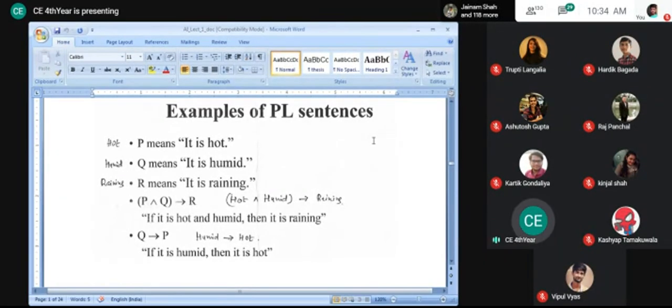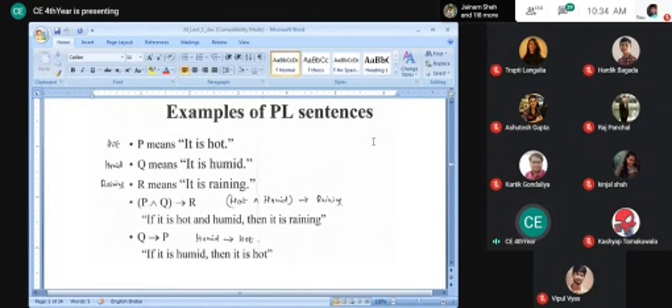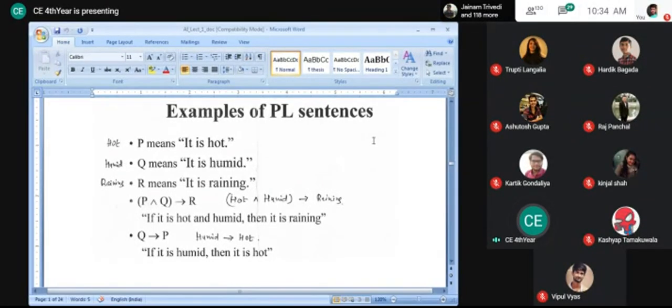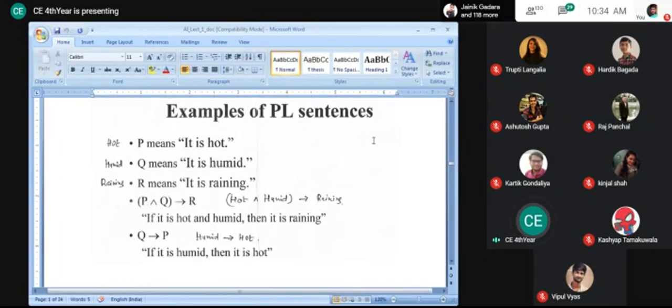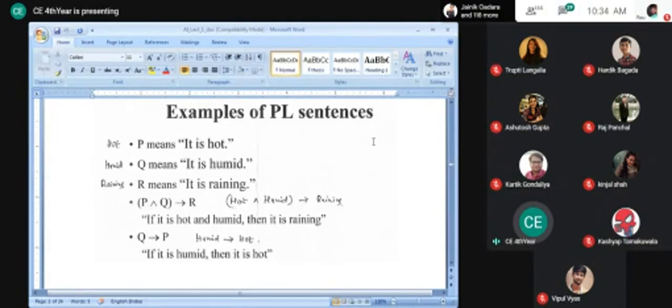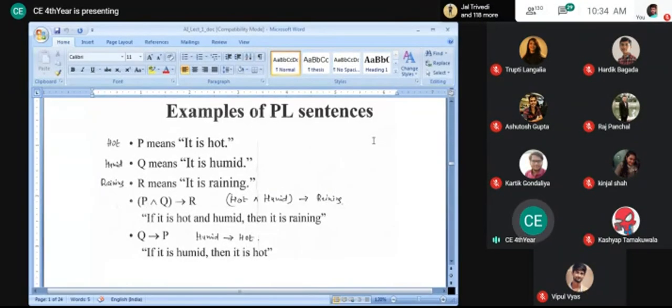So my representation becomes, in parentheses, hot and humid, and then the conclusion implies raining. It is hot and humid implies raining.